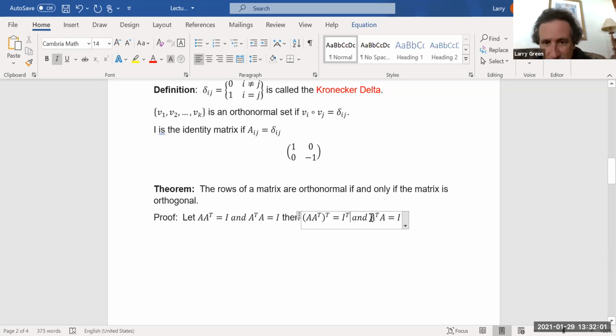And similarly, we could take the transpose of the other. Or another thing we can do, well, this will work.